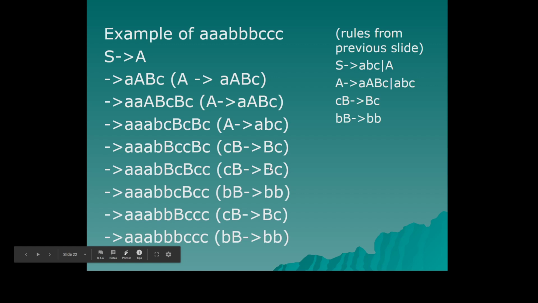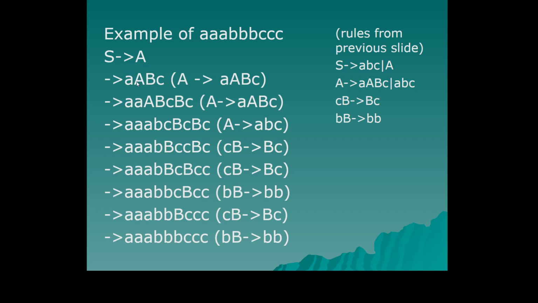So let's see what this actually looks like and how this works. These context-sensitive rules I'm going to have on the right side here for reference. So we're going to follow our rules. We take capital S. If we wanted to write aaabbbccc, how do we do it? Well, we take capital S, convert to A. We take our capital A and substitute with our lowercase a, capital B, C. Right, so this is our word now.